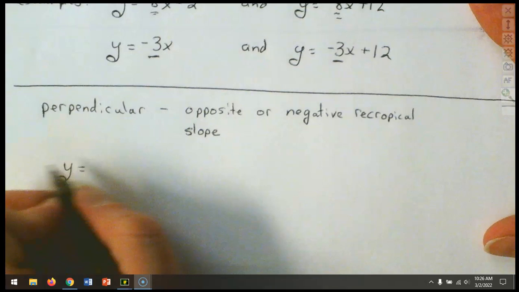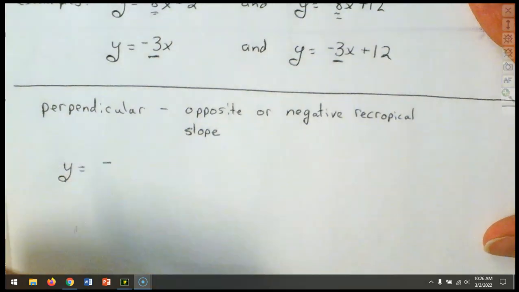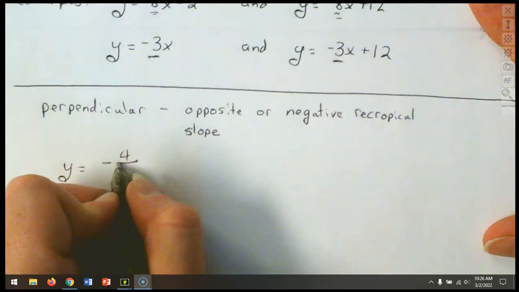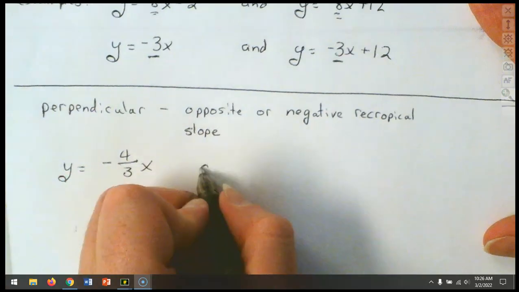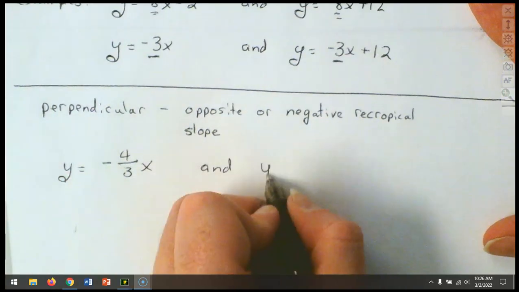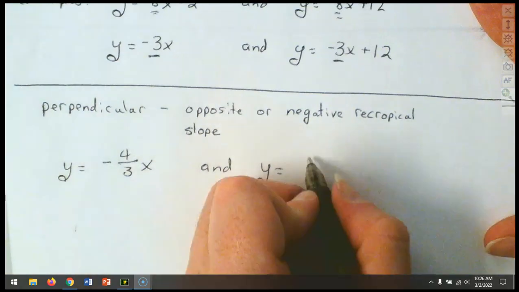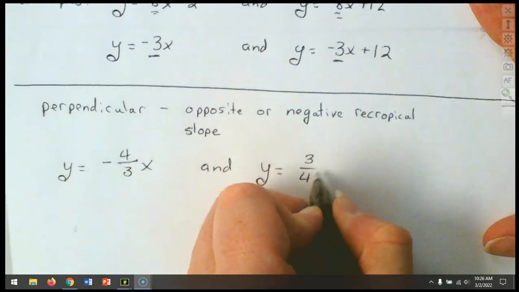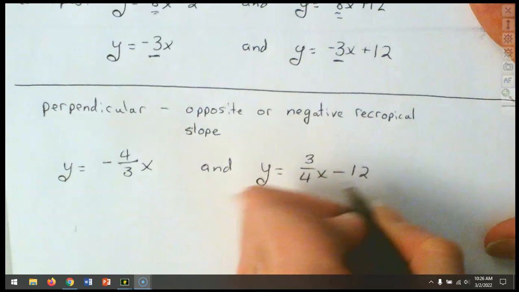How about y equals minus 4/3 x and y equals 3/4 x minus 12.